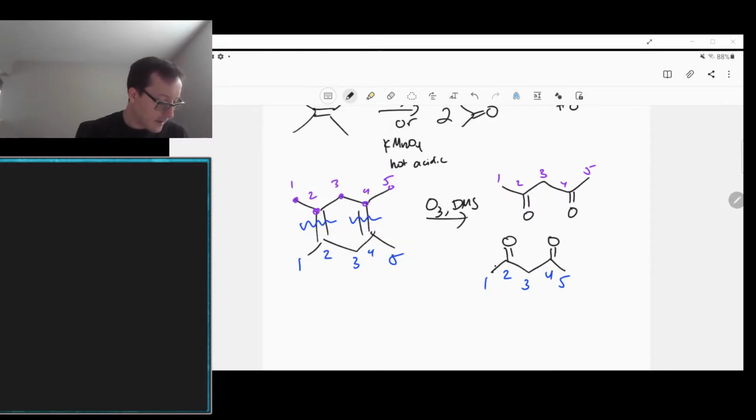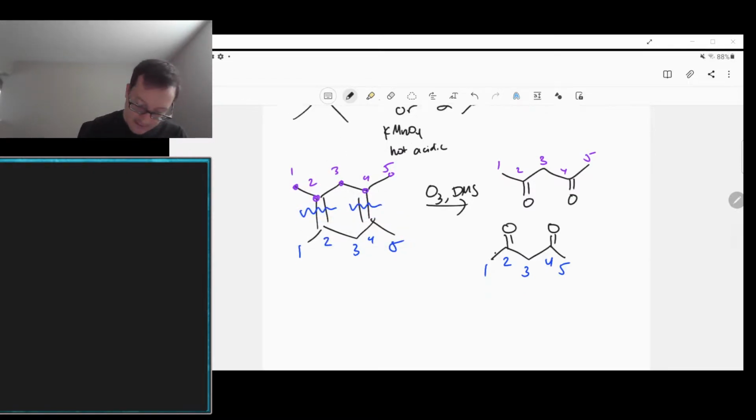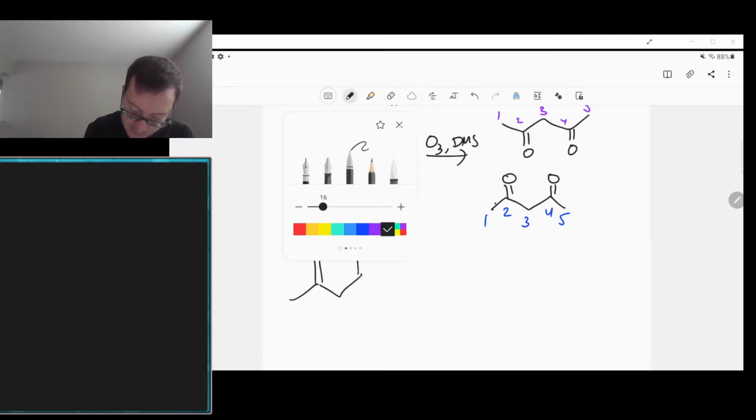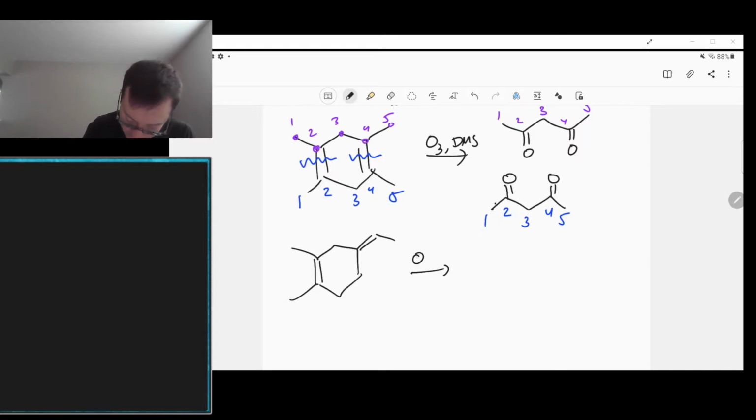as necessary. If we take a look at something like this, if we treat this with ozone, we're going to cleave all of our double bonds.